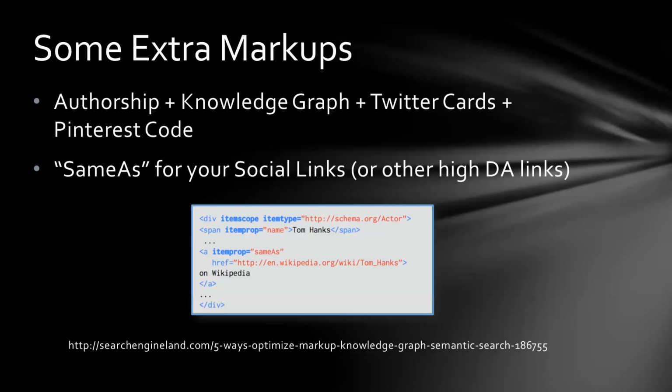What you want to do is keep doing the authorship for Google+. If you don't know how to do it, search for Google+ authorship. They used to list that Gravatar, that avatar, on the search engines. They don't do that anymore, but it doesn't matter. It's a markup and it works.